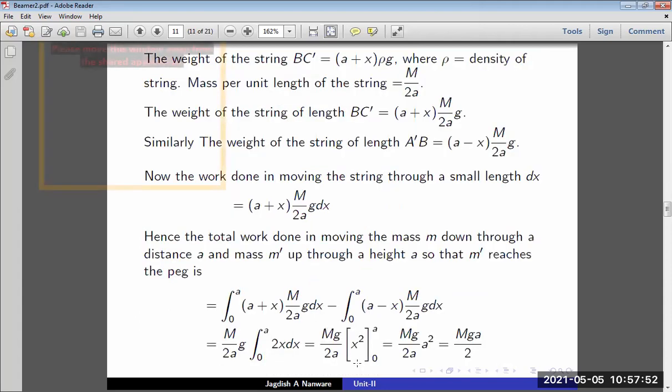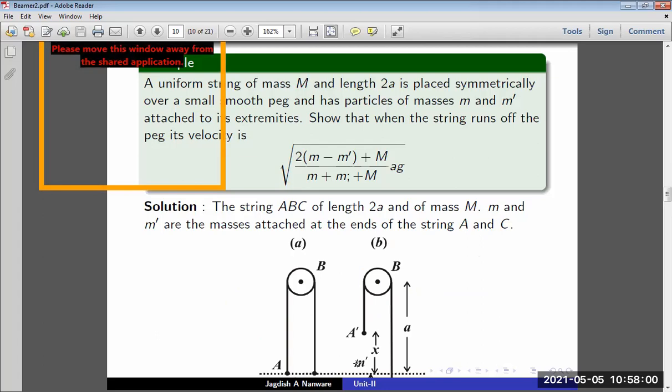Next, let us see. Maybe I will be able to finish it within our time. So what kind of example do we have here?